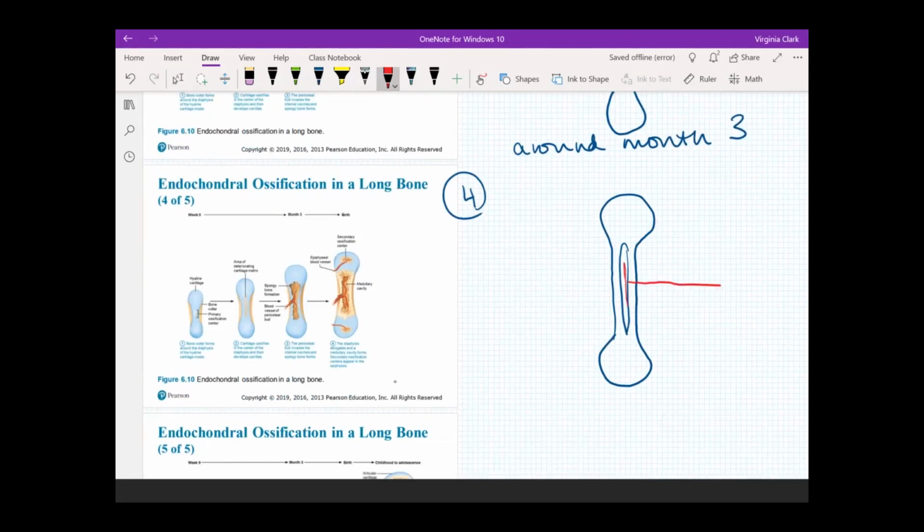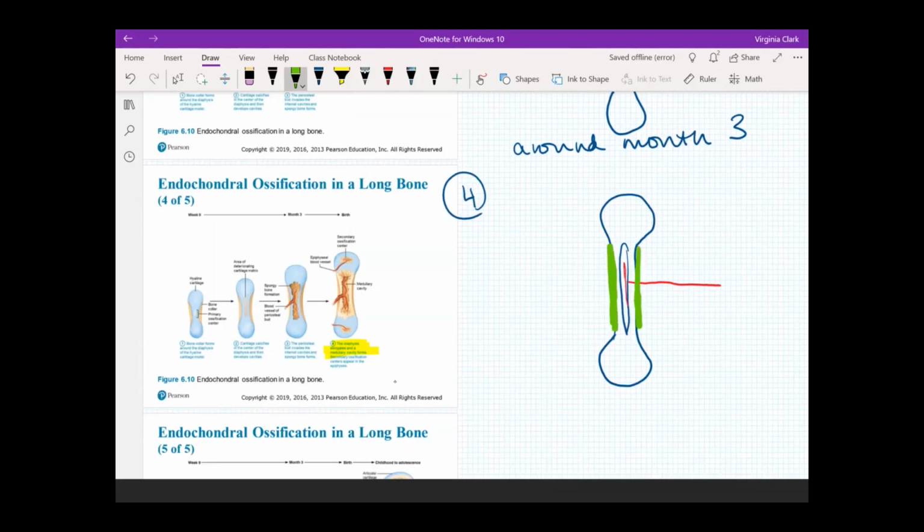But what's happening in step 4, you're going to have your diaphysis elongate. And as you elongate, it'll essentially start to cavity out or create a larger medullary cavity. So as the diaphysis starts to elongate, it will break down the cartilage and replace it with bone.